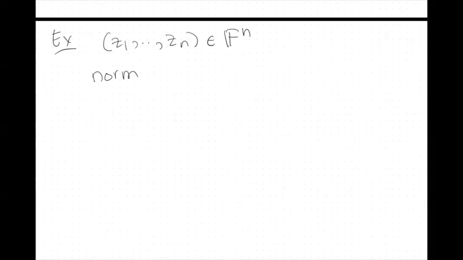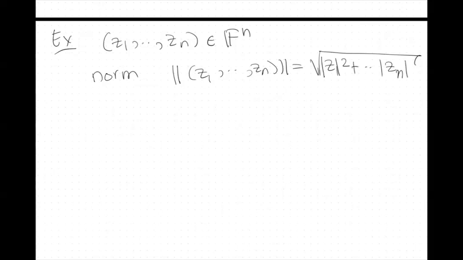The norm of z1 up to zn in F to the n is just the square root of the absolute value of z1 squared up to the absolute value of zn squared.